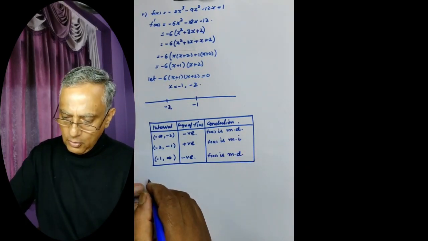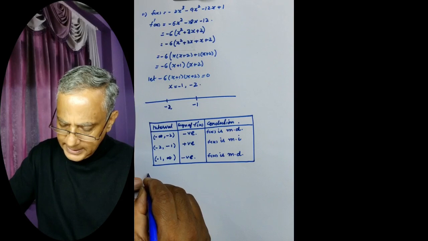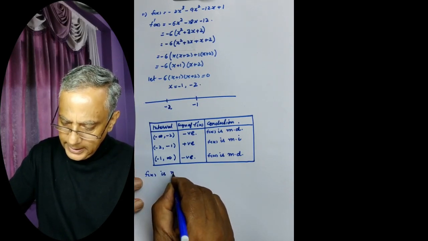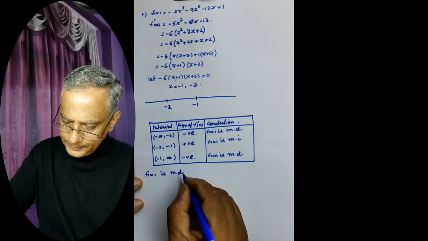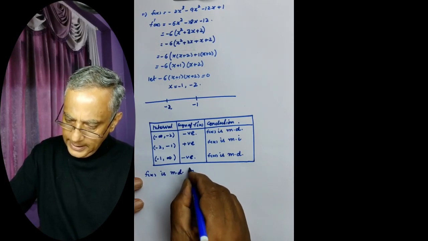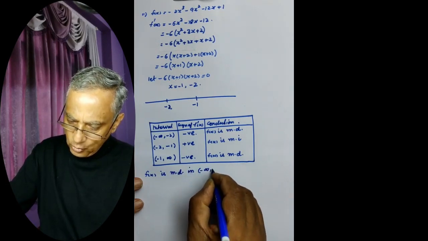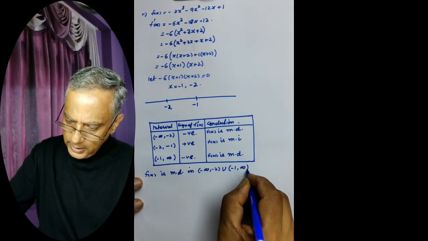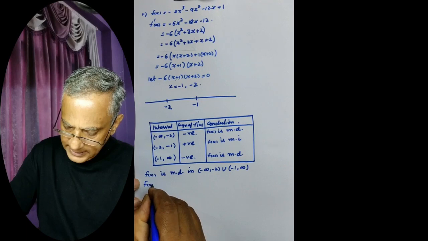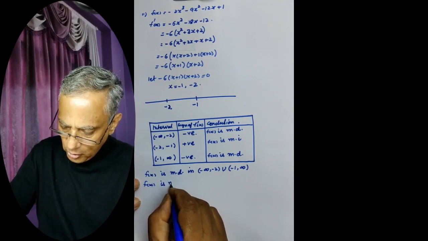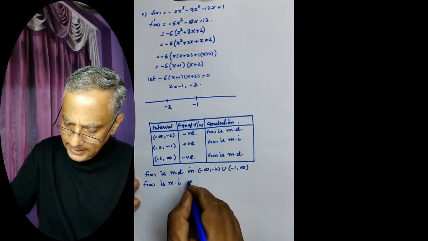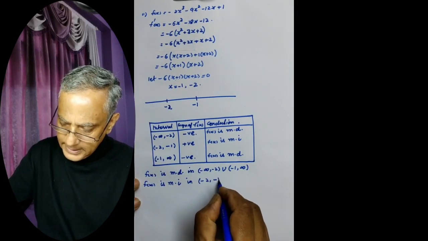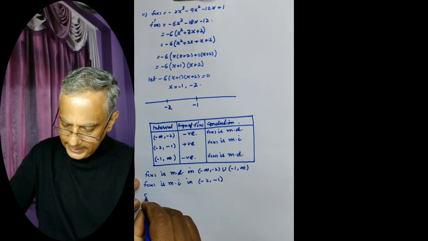And therefore we can write the conclusion as f(x) is monotonically decreasing in minus infinity to -2 union -1 to infinity, and f(x) is monotonically increasing in -2 to -1.